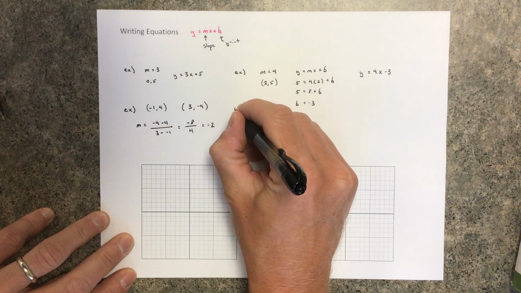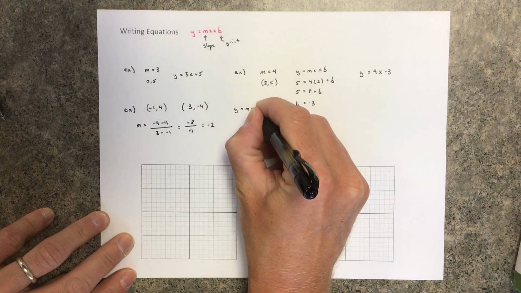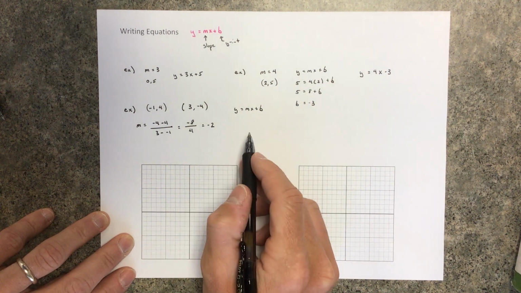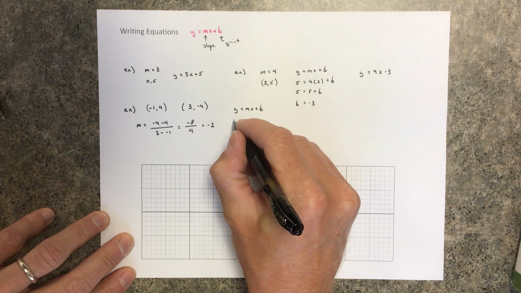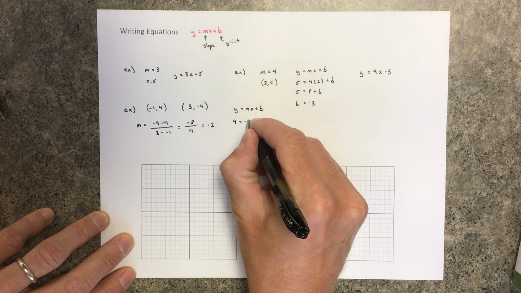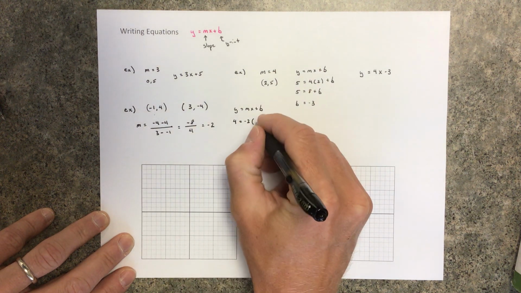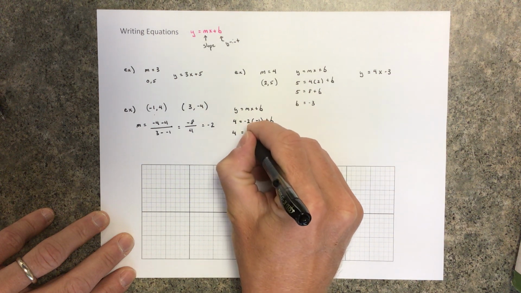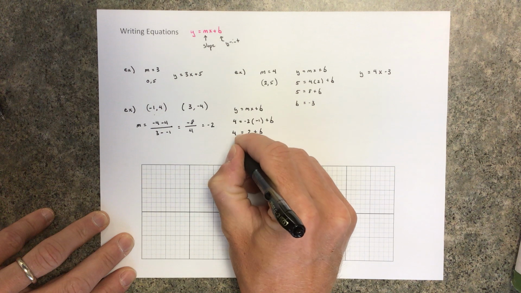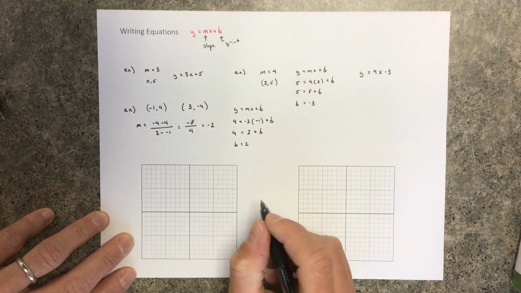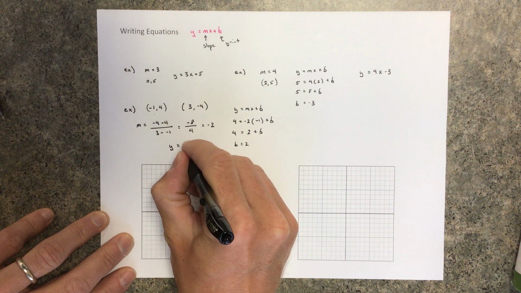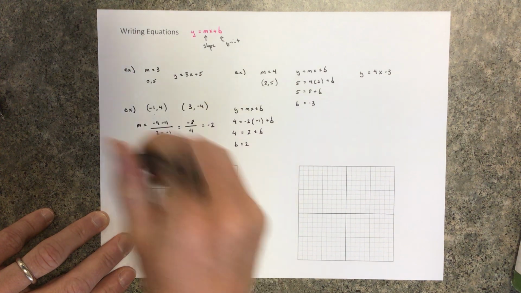So I'm going to write down y equals mx plus b, and I'm going to use that to find b. Again, I found the slope, now let's find b. So I'm going to plug in a y value of 4, the slope of -2 that I got, an x value of -1, and then I find b. So this is 4 equals 2 plus b, b equals 2, but once I know b and I know the slope, then I can write the equation, y = -2x + 2.